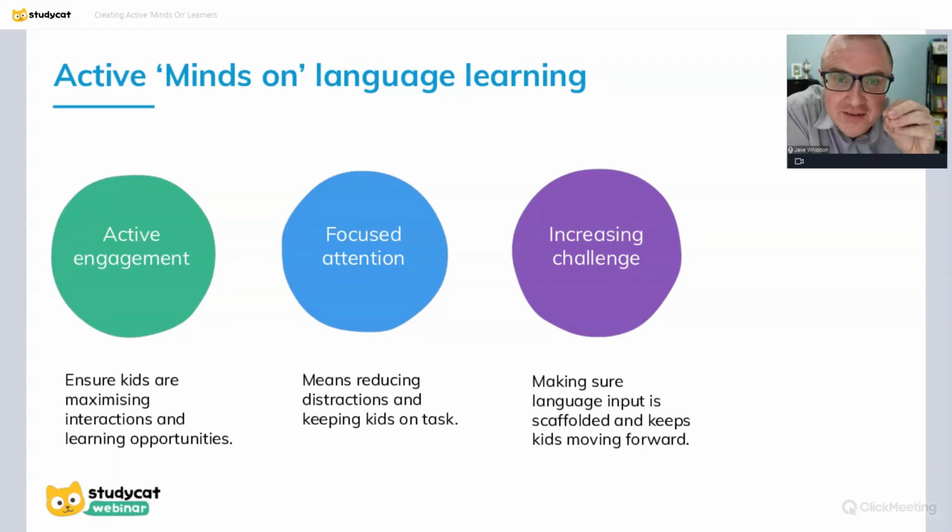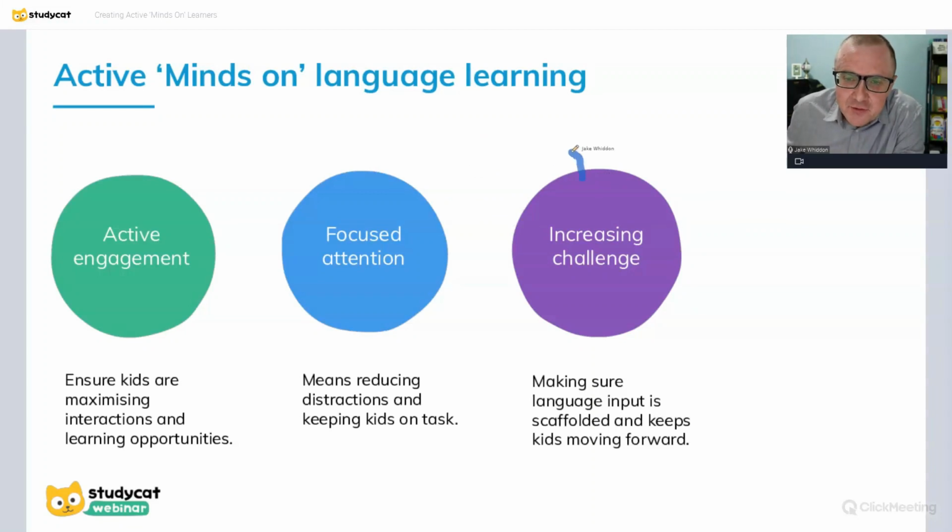If you want to focus attention of a child, you need to make sure that language input, when we're talking about language learning, is scaffolded, as you all already know, but this is how you keep them moving forward. And the best way is if they make a mistake. The brain focuses attention when it makes a mistake.